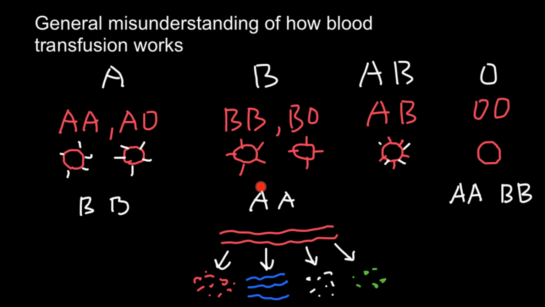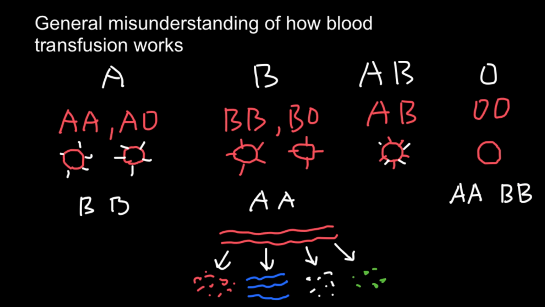They can get plasma from people who belong to the blood group B. This plasma contains antibodies A, but antibodies A are present here. And blood group O can get plasma from people who belong to the blood group A. Here we find antibodies B, but antibodies B are also present here.